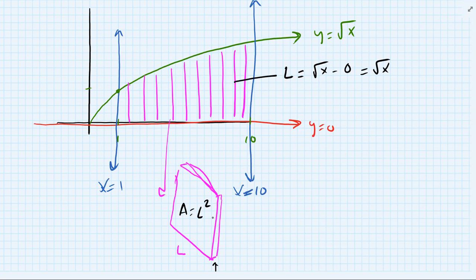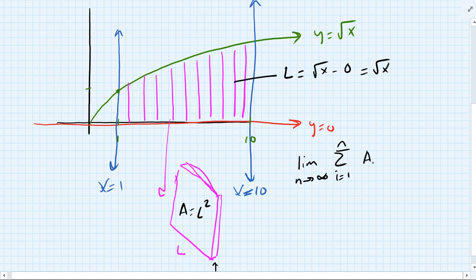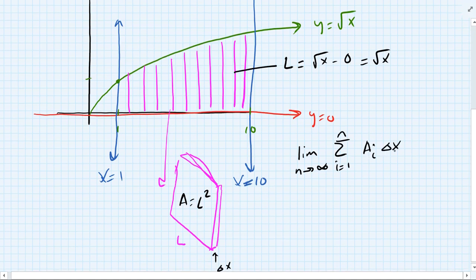And guess what? It's a limit process, right? So it's the limit as the number of prisms approaches infinity of the summation from i equals 1 to n of the area of each one, times delta x, and I'm going to make my delta x the same width every time, right?